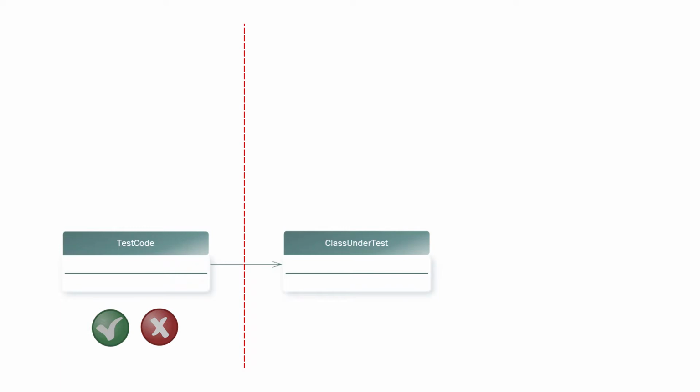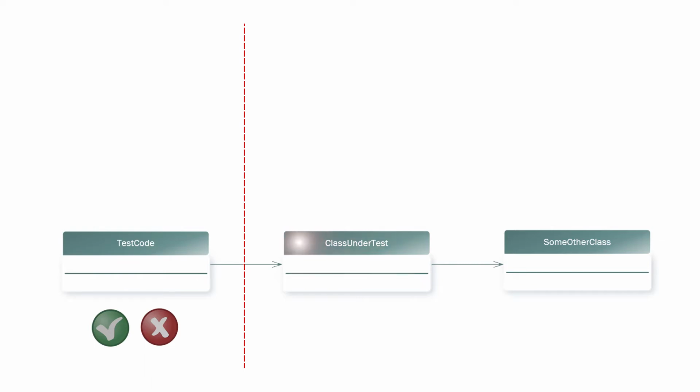But in practice, we very quickly come up with a slightly more complicated situation where, as well as the class under test, the class under test is dependent on something else that we'll just call some other class. And therefore, when the test is run, some code runs in the class under test, it calls a method in some other class, returns a result, class under test returns the result.